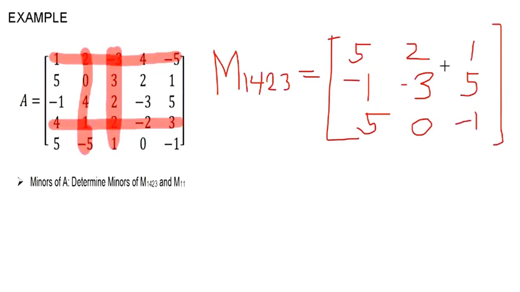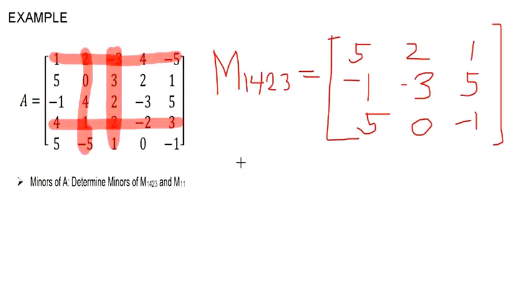So, ito na yung magiging minors of A natin sa 1, 4, 2, 3. So, kung ano yung matitira na elements, yun yung magiging minor natin, after deleting these given rows and columns.